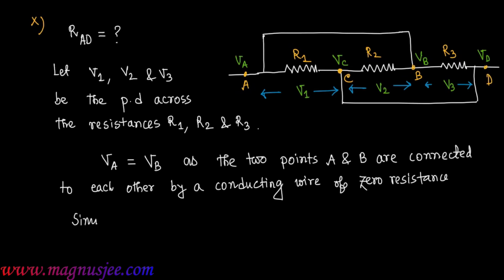Similarly, VC equals VD. Potential at the points C and D will be the same.